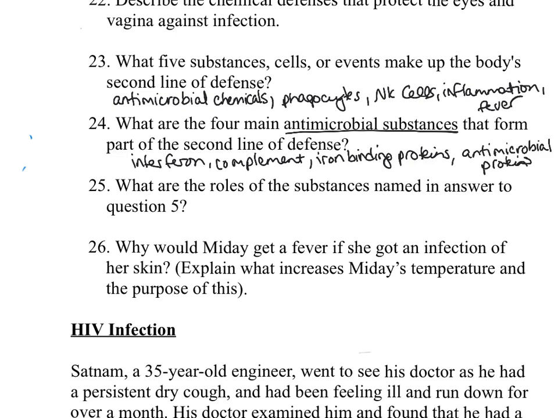25. What are the roles of the substances named in answer to question 24? The 4 main antimicrobial substances that form the second line of defense are 1. Interferons that prevent the replication of viruses. 2.